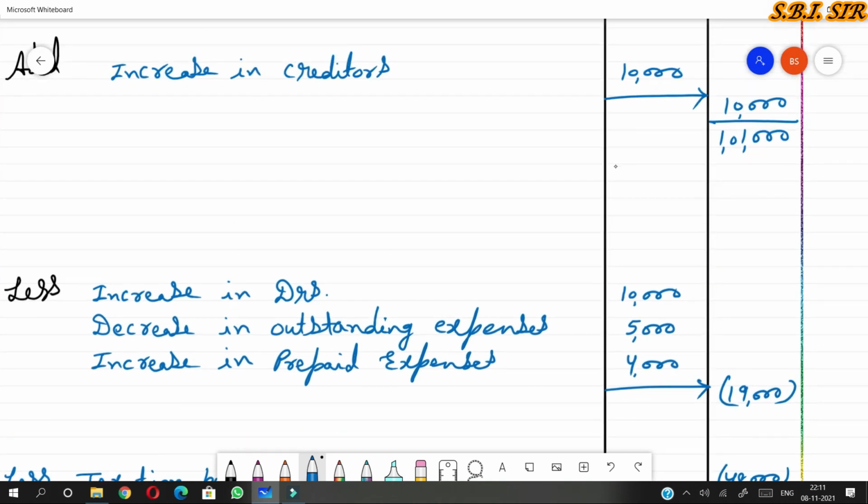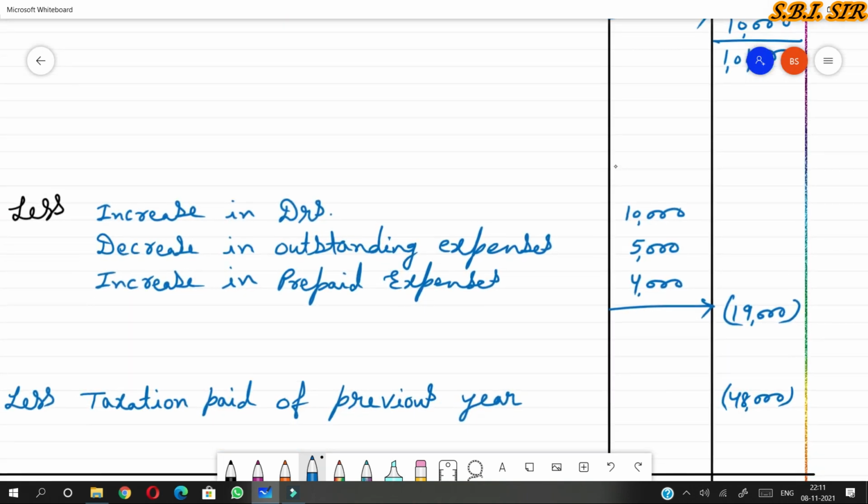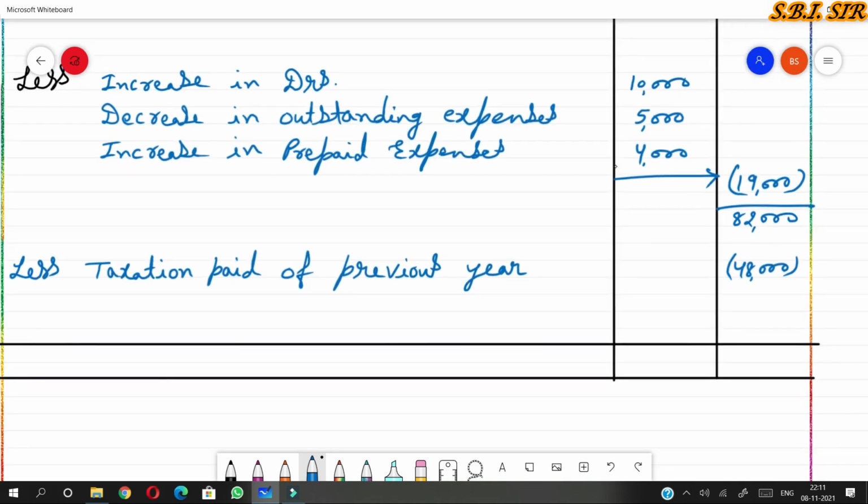This amount will be deducted from 1,01,000 and we will get 82,000. Then 82,000 minus 48,000, we will get 34,000, and this amount will be net cash flow from operating activities.